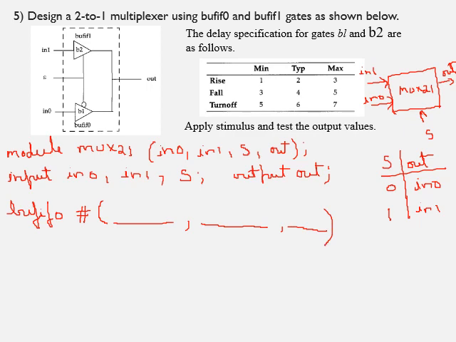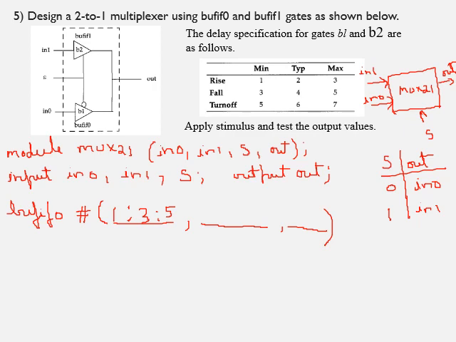In each range there can be rise time, fall time and turn off time. The minimum value of rise time is 1, minimum value of fall time is 3, and minimum value of turn off time is 5. These rise time, fall time and turn off time are separated by a colon.